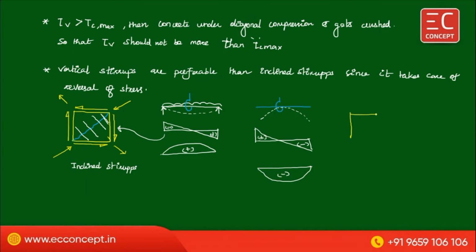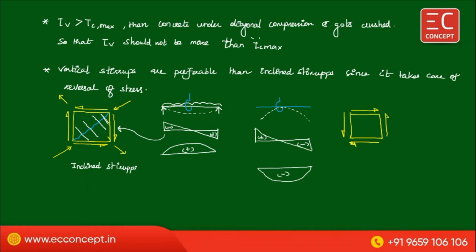This is the shearing stress acting at a support. Therefore, the reverse of the shear stress will act. Initially left direction, now the right direction. So everything is getting changed.